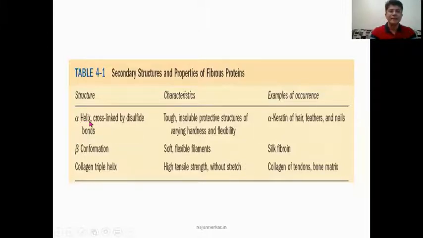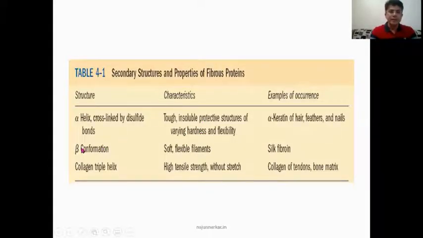For example, alpha helix cross-linked by disulfide bonds. These are found in the keratin of hair, feathers, and nails. These structures provide tough, insoluble protective structures of varying hardness and flexibility. This is the characteristic of such proteins.